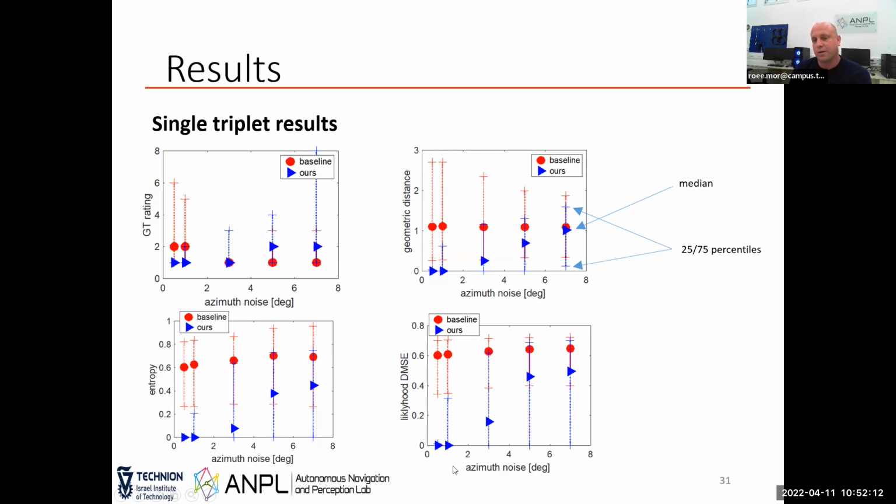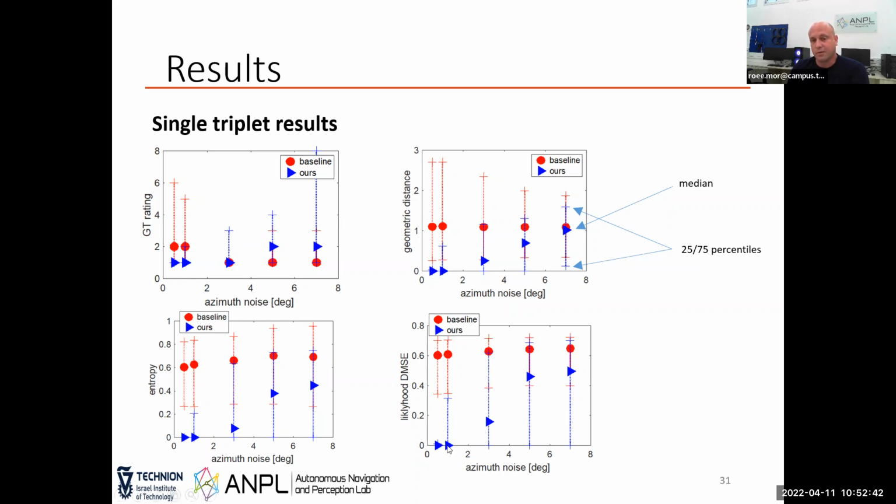When the azimuth noise goes up, because our algorithm does not take azimuth noise into account, the performance goes down. The error starts to get bigger, but we can notice that first of all, we are better than the state of the art anyway, and also that up to about 3 degrees of azimuth error, the inference gives very good results.